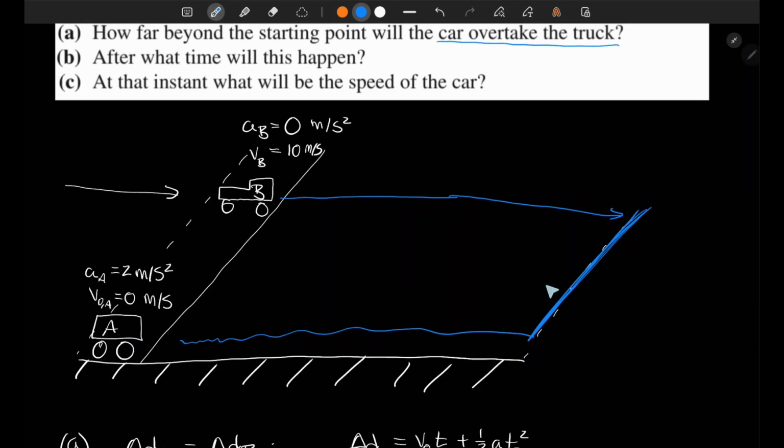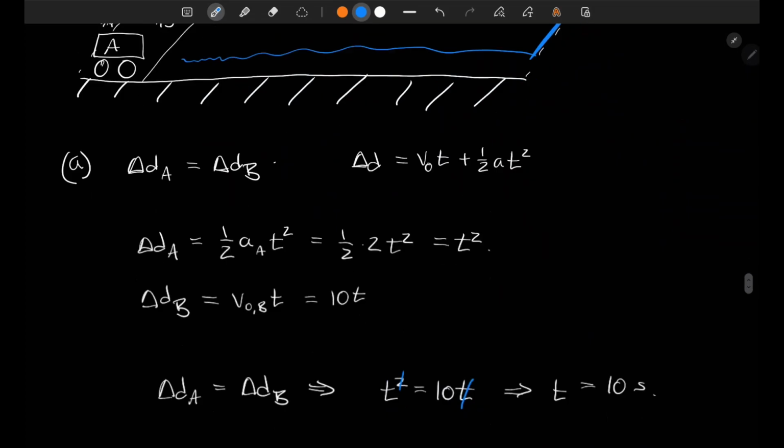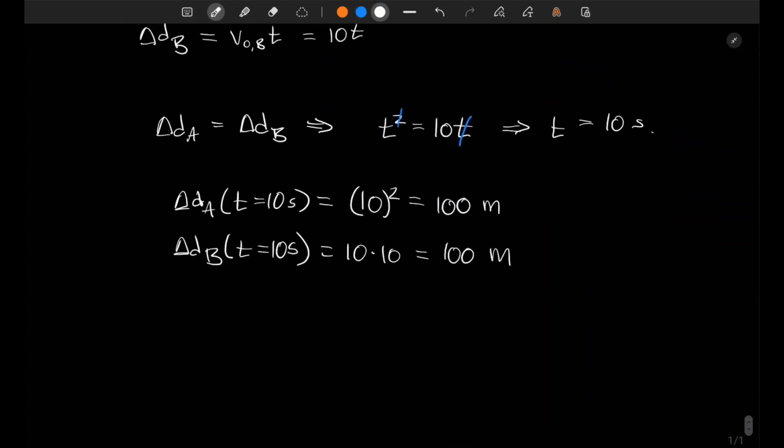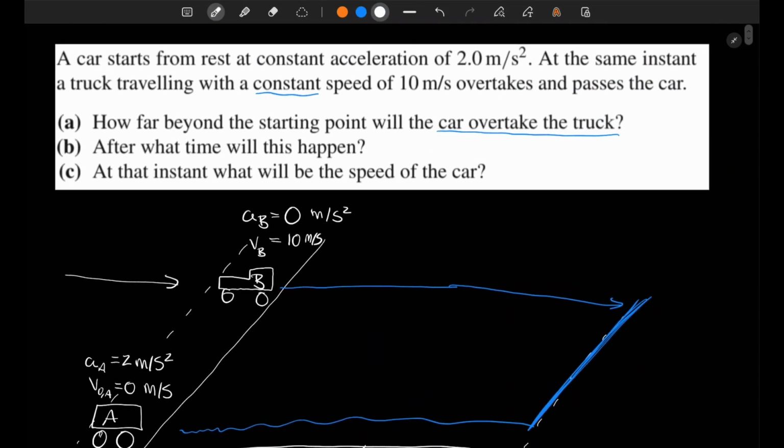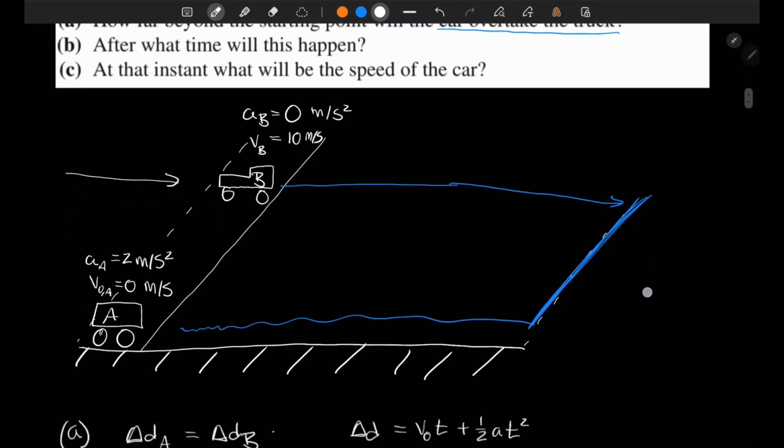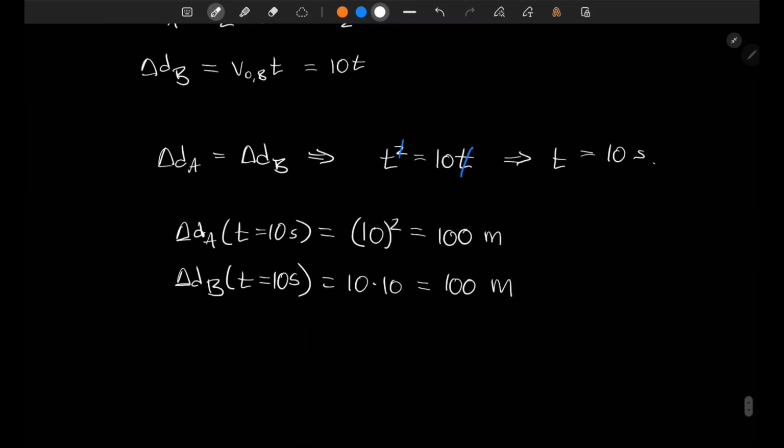And then finally, just at this blue line here, car A catches up. And then after this line, car A is ahead of truck B. Okay, so the answer to question A of how far beyond the starting point will the car overtake the truck, that occurs at 100 meters past the starting point.